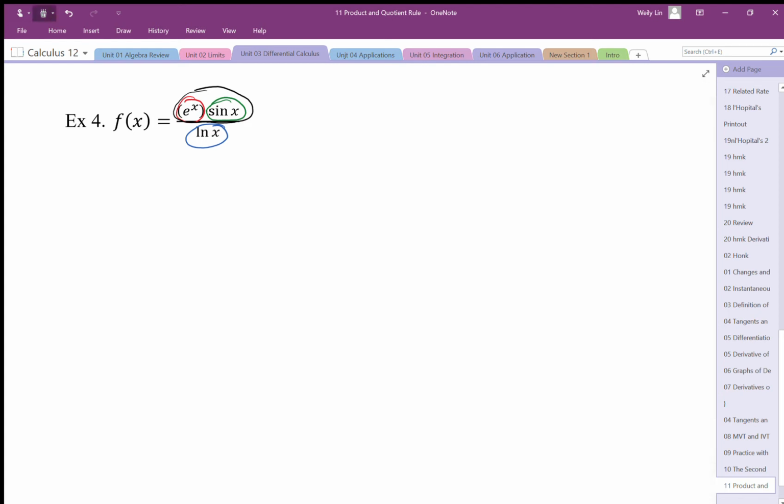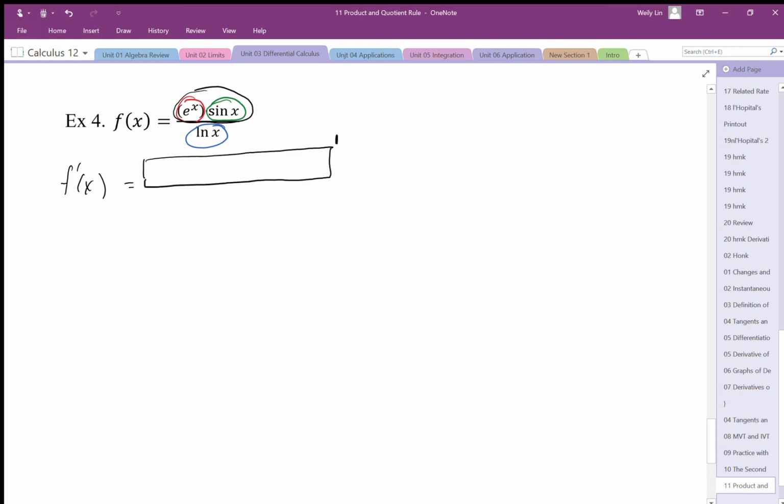Okay, so my derivative function is going to look like this. I'm going to differentiate here, and maybe I'm going to put it in a black box here. This is going to represent the derivative of the numerator.